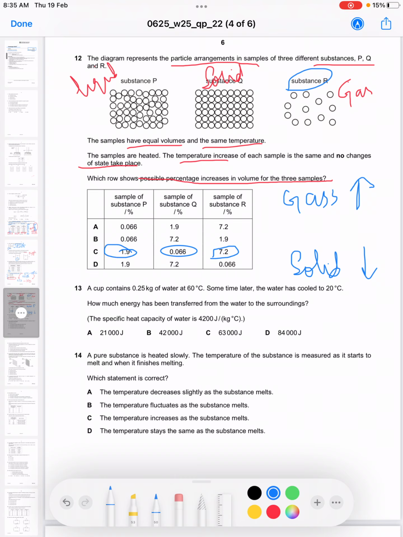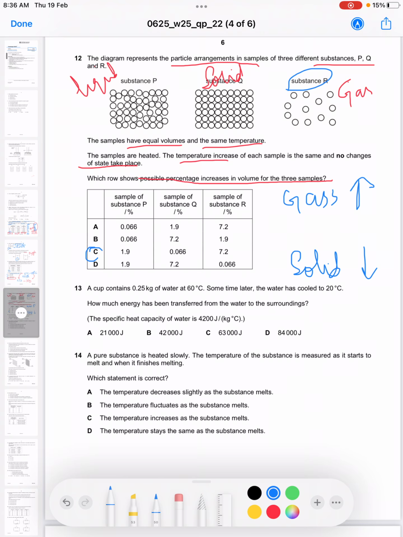So you must compare all of them: the maximum is 7.2 and the minimum is 0.06. So you need to choose the option in which you have the minimum with Q and the maximum with R, and it comes out to be answer C, right?